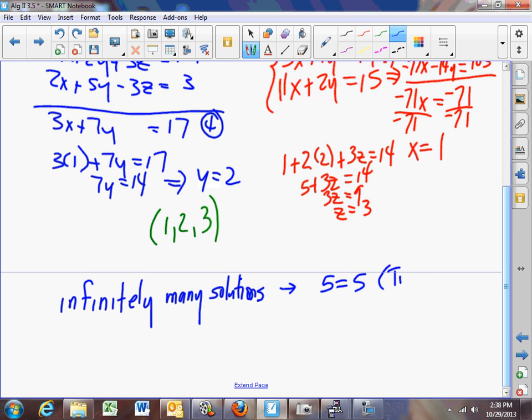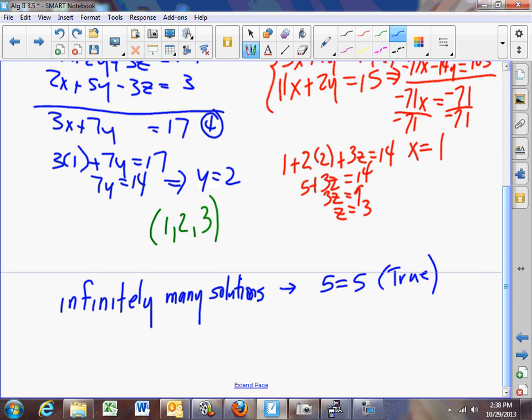In other words, it will be true. Now, no variable appears in this equation, but it's always true. That means that there will be infinitely many solutions. And there is an additional step that I'm going to show you in the solution videos as how to describe the solutions to a system that has infinitely many solutions when you've got 3 variables. And so you'll have to watch the videos to see that.